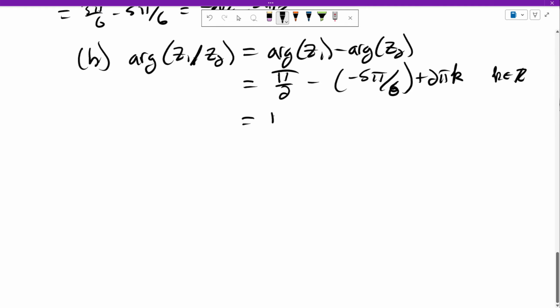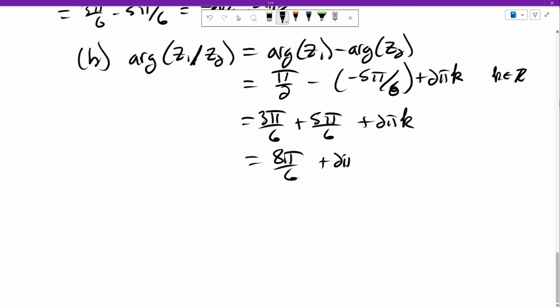If we do this, this is going to be 3 pi 6 plus 5 pi 6 plus all multiples of 2 pi. So that's 8 pi 6 plus all multiples of 2 pi, which is 4 pi thirds plus all multiples of 2 pi. Again, I'm going to note here that we actually took the principal argument for both of our complex numbers, and their difference was not the principal argument.